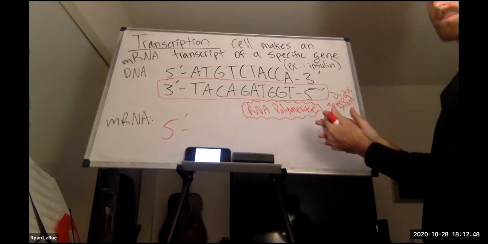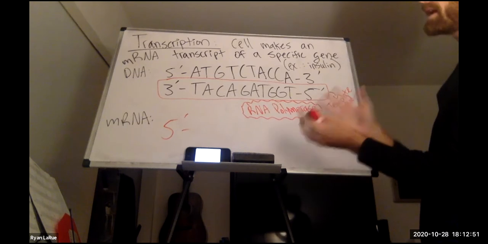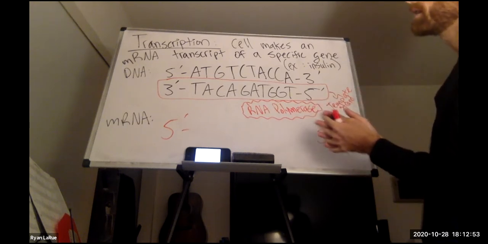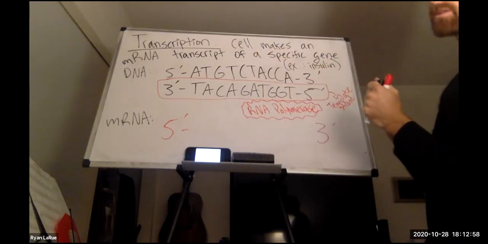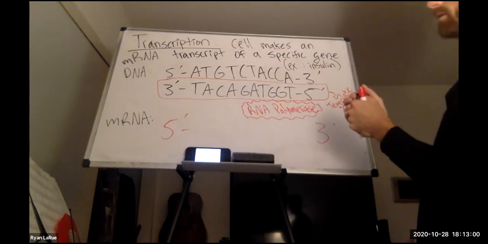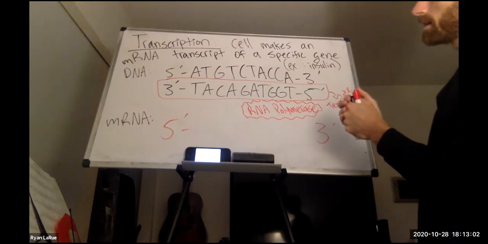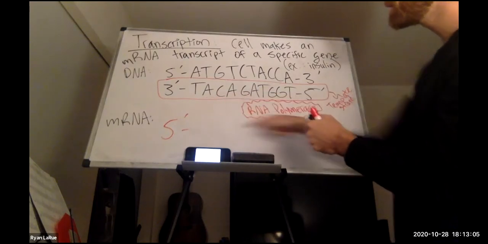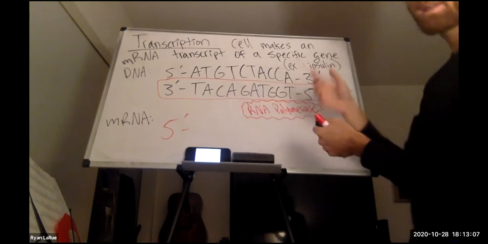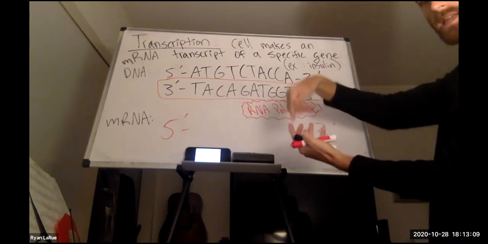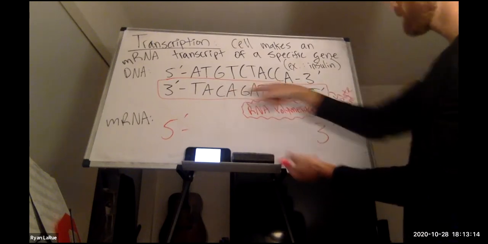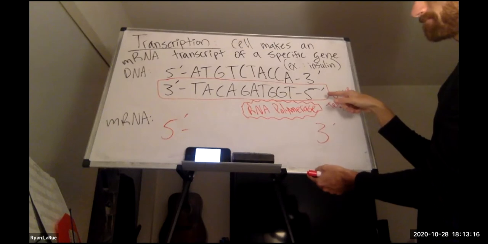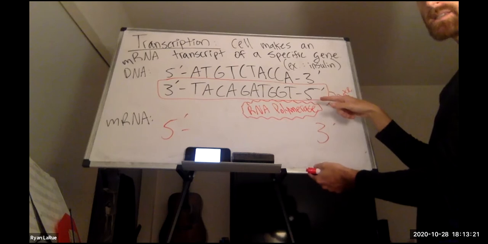How does it do this? Well, just like in DNA replication, except, of course, in DNA replication both strands were being synthesized to create another double-stranded DNA molecule. Here it's just going to synthesize one strand, reading this template by adding in complementary bases to that template strand. We haven't practiced this yet, I don't think.